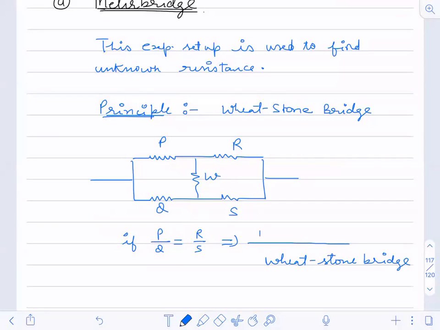Yes. It is a balanced Wheatstone bridge. Good. It is a balanced Wheatstone bridge.